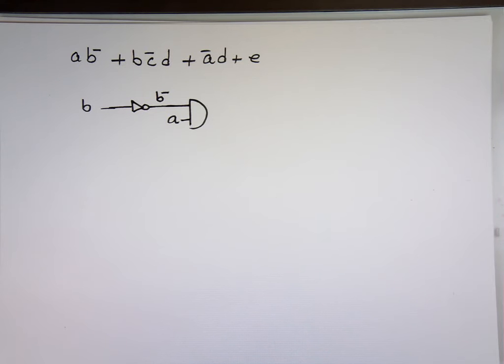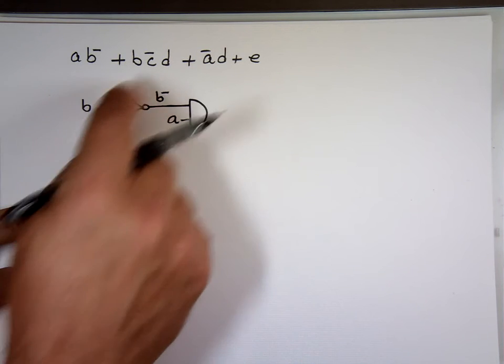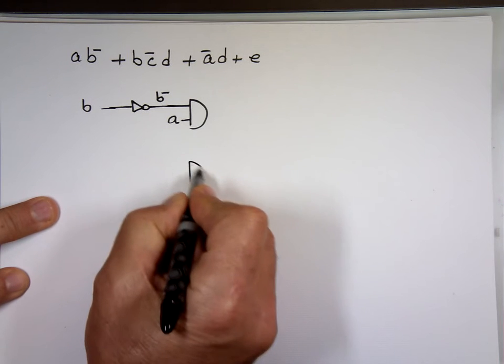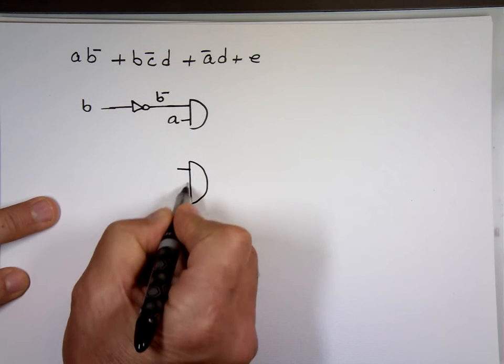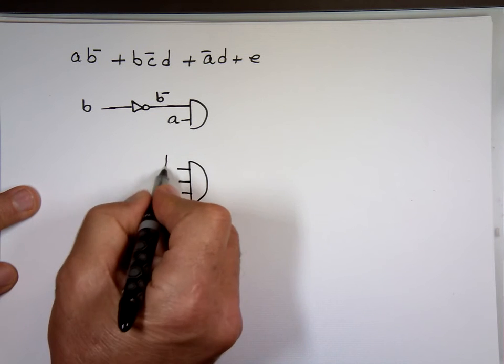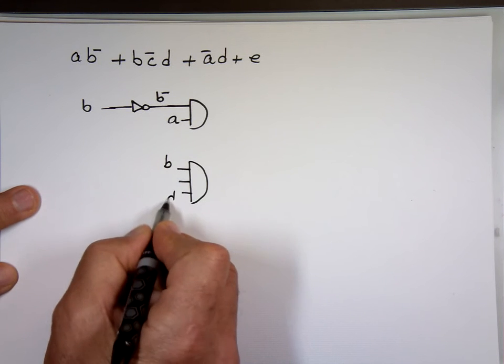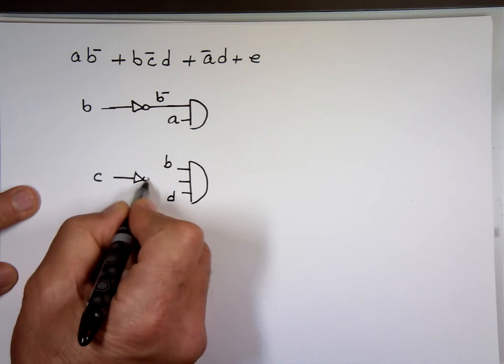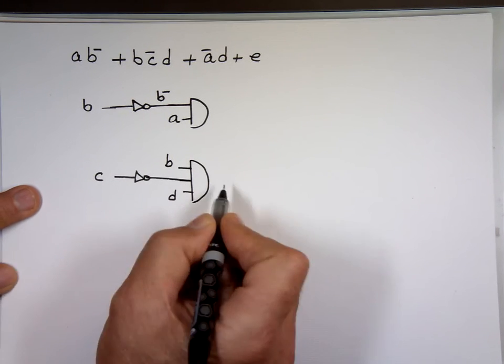The next one, I need a bigger AND gate, with 3 inputs. I have B, I got D, and I have C. I have to NOT the C. And that's the other AND gate.